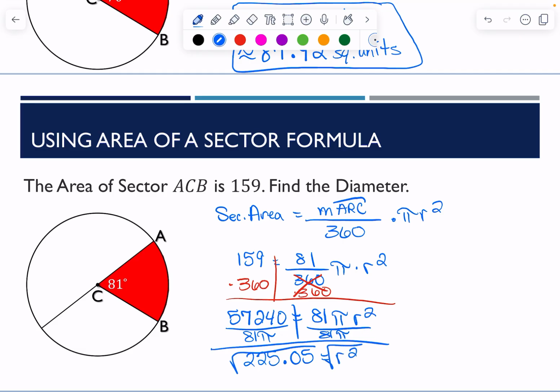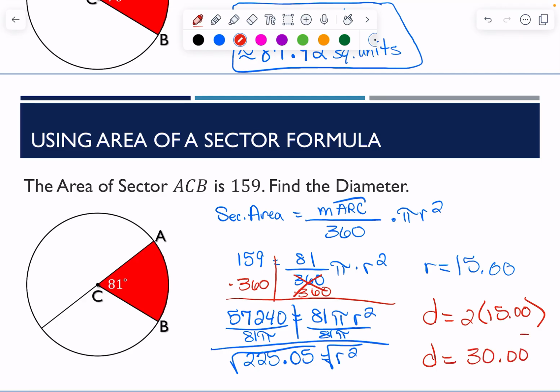We take the square root of both of those sides, and that's going to get us the square root of that answer, and that's going to get us an r that is equal to 15.00. That's the radius. So now to find the diameter, we simply take 2 times the radius. And that means my diameter is going to be approximately 30 units.